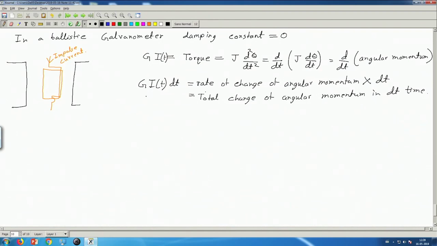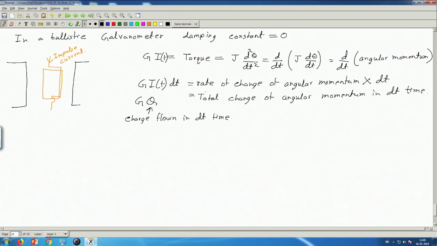Okay. And the left side will be G times Q. This I dt is equal to Q. This is the charge flown in dt time. Okay. And this is what we want to find out.